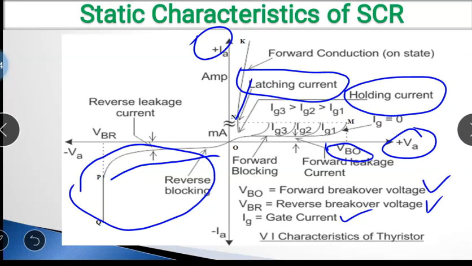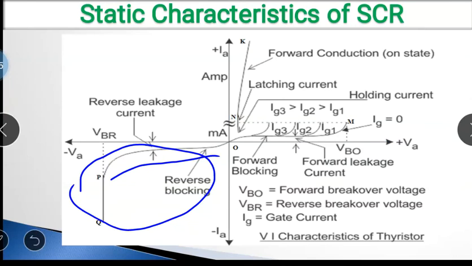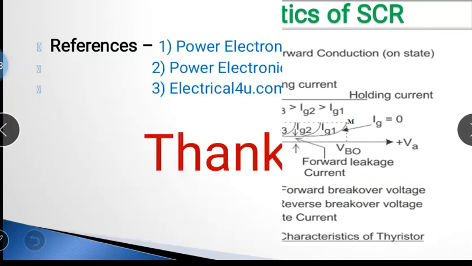This is the value of anode current below which the SCR turns off. So this is the concept of latching current and holding current. You can draw the VI characteristic of the SCR in such a manner. So this is all about the static VI characteristic of the SCR, or silicon controlled rectifier.